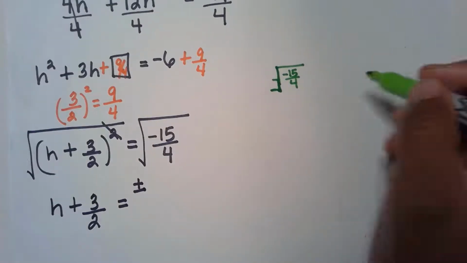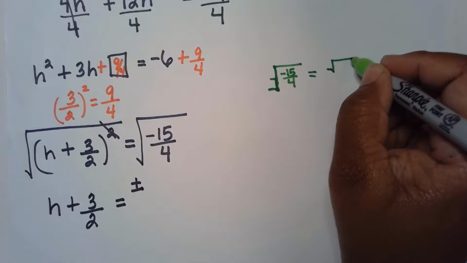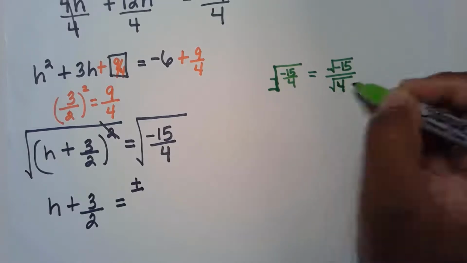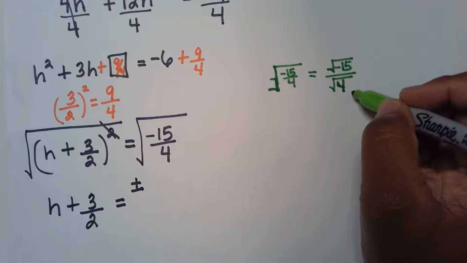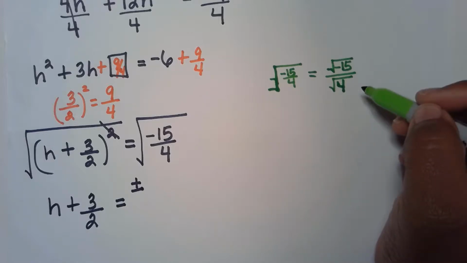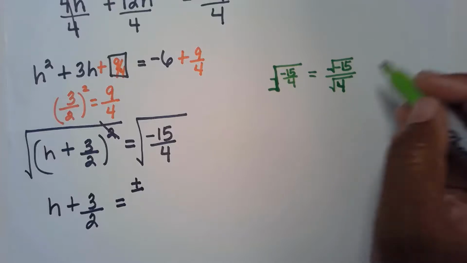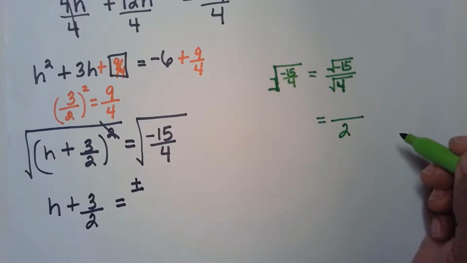I want us to write this as two separate radicals, the square root of negative 15 over the square root of 4. Now remember, we do not want to have radicals in the denominator. If we have that, we can rationalize if the denominator is not a perfect square. But since our denominator here is a perfect square, the square root of 4 is 2.